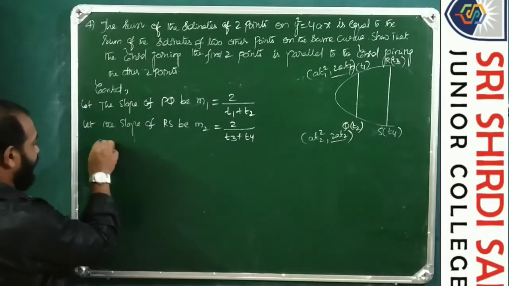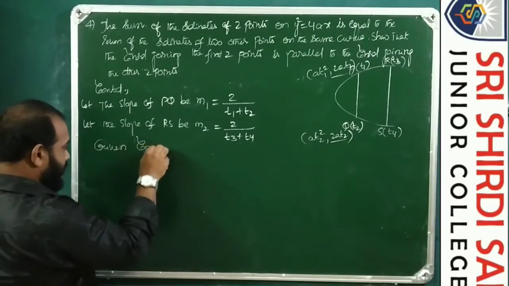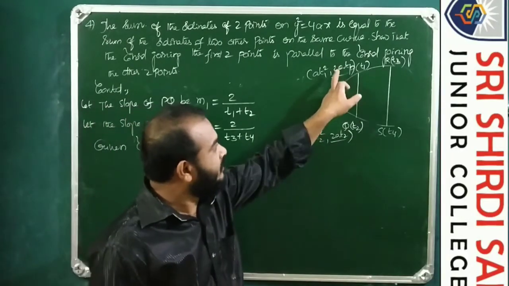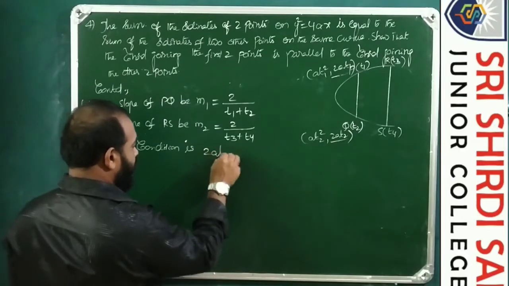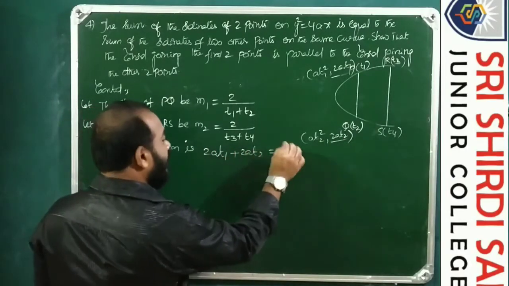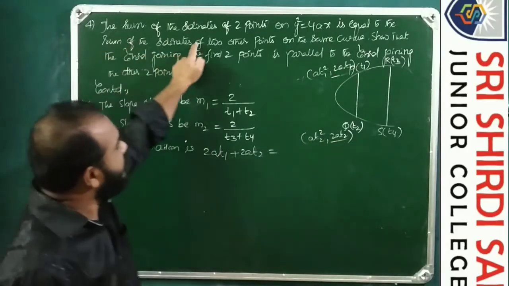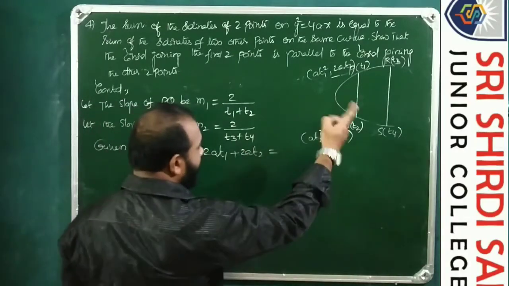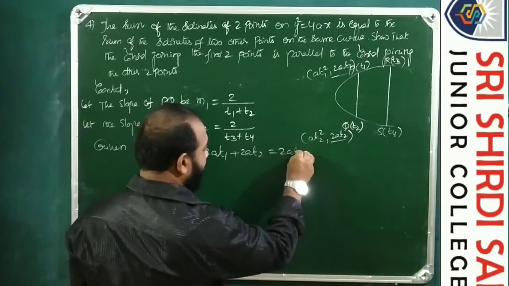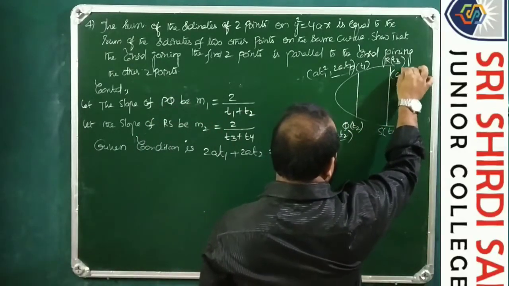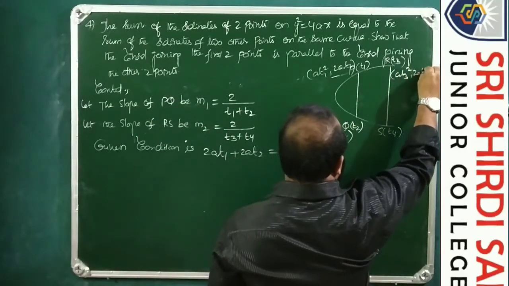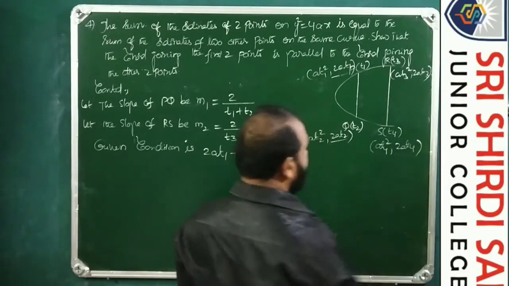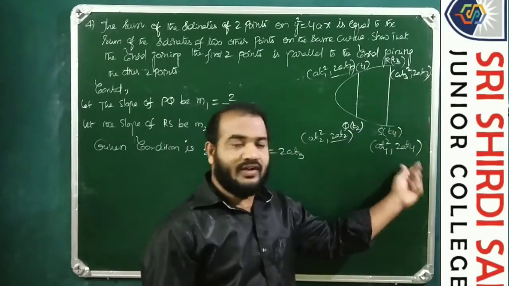So the given condition is the sum of the ordinates, that means 2at1 plus 2at2 is equal to the sum of the ordinates of other 2 points. Other 2 points are R and S, which we have taken to be at3 square comma 2at3 and at4 square comma 2at4 parametric points. The sum of their ordinates is 2at3 plus 2at4.